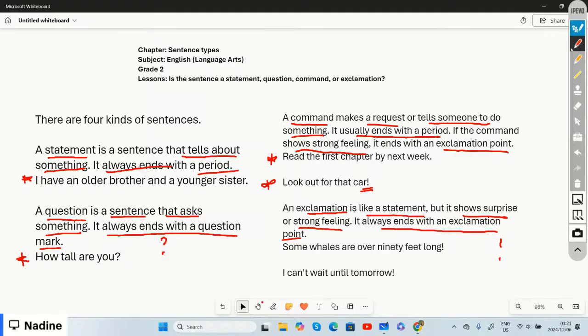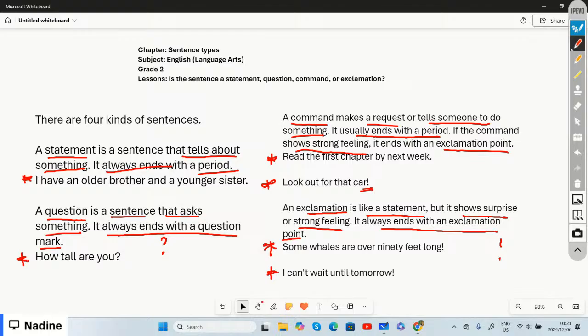If we look at examples, it says some whales are over 90 feet long. It's like you are in awe, you are shocked, like, wow, really? And then the next one is, I can't wait until tomorrow.